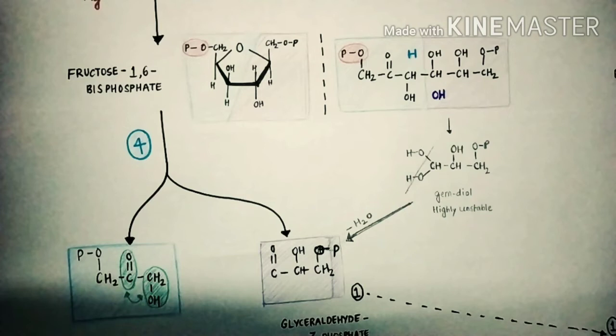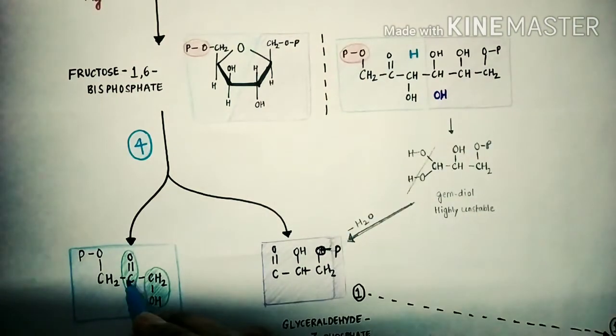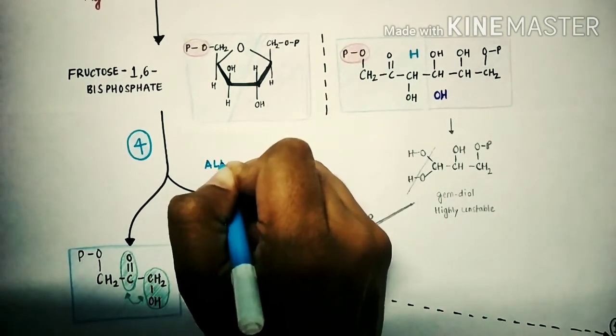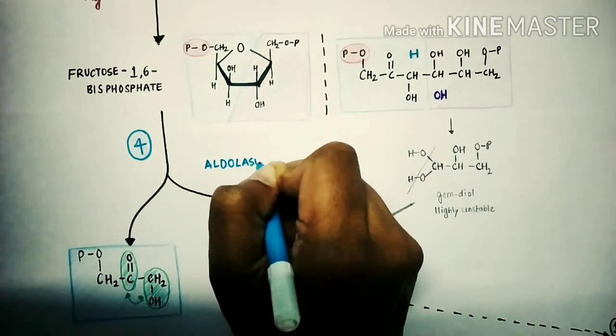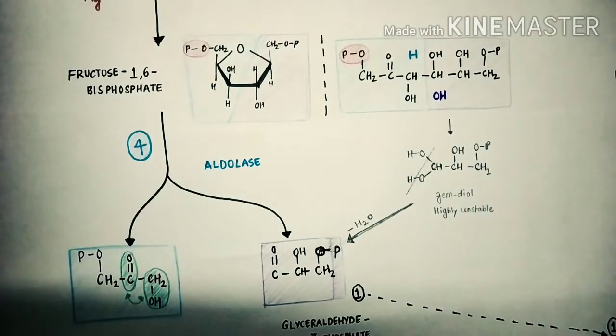Two carbonyl compounds combining to form a hydroxycarbonyl compound. This is nothing but the reaction called aldol condensation. Since this is a reversible step, the enzyme can take the name with respect to either direction. So the enzyme name here is aldolase.